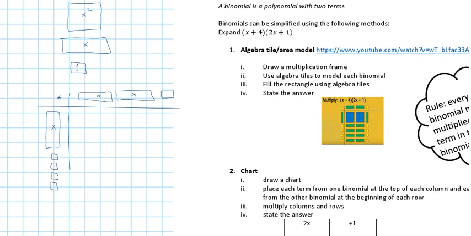Now what we have to do is multiply the column by the row. If I multiply x by x, what do I get? I get an x squared. Then I have to multiply the x by the other x. That's another x squared.